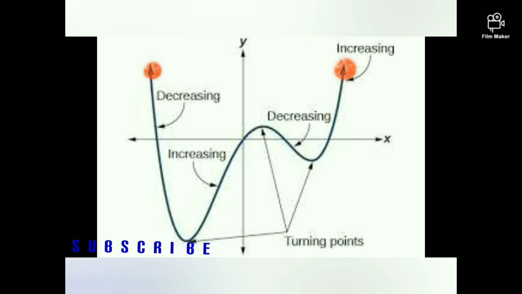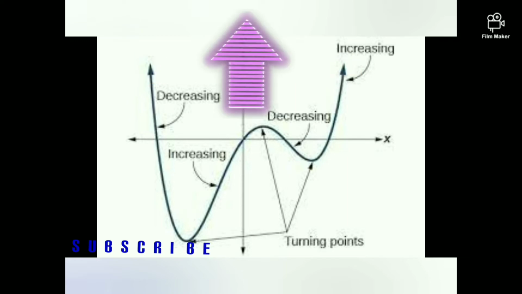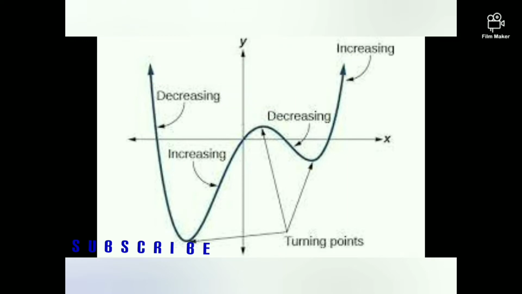For an even degree function, the graph is in an upward position, or its sketch from the left side goes down to its turning point, then moves up to the next turning point, slightly moves down to its turning point, and moves up again.